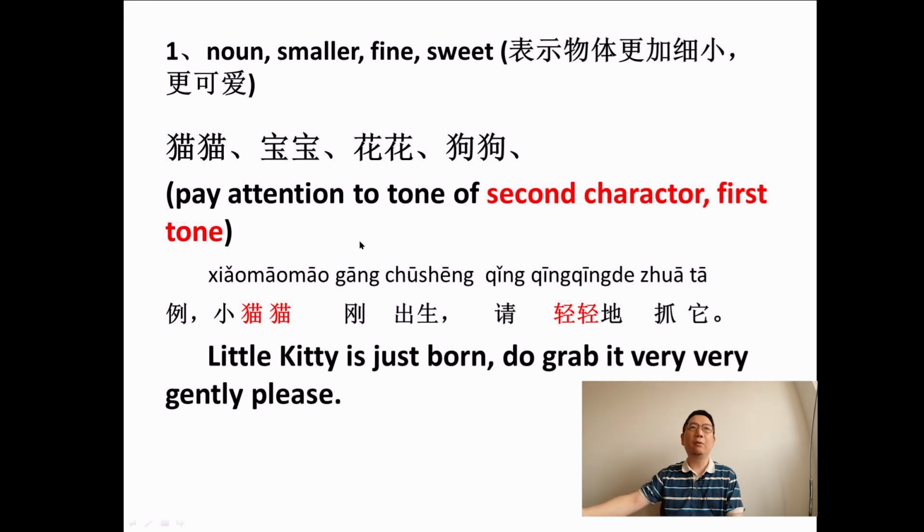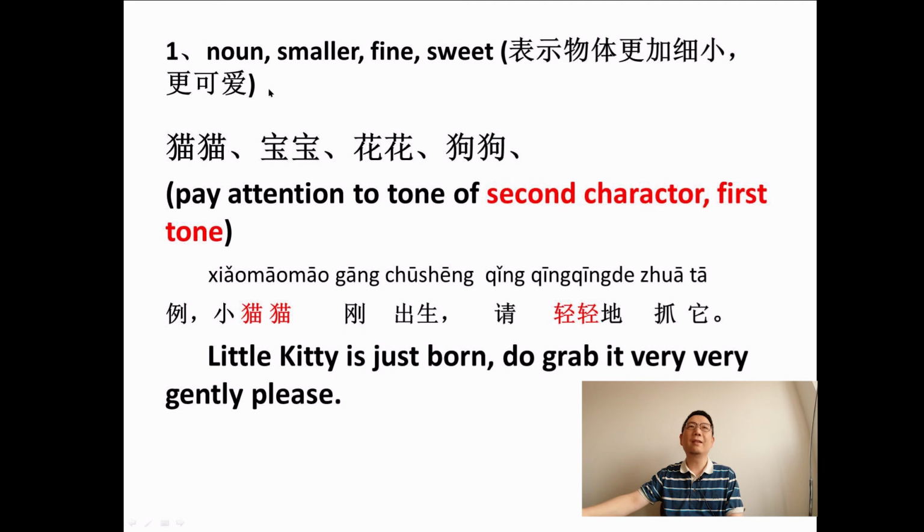And here we need to pay attention to the second character, because the second character in 叠词 will always be changed to the first tone. For example, 猫猫, because 猫 is the first tone, the second character is still 猫. But 宝宝, 宝 is the third tone, but the second character should be changed to 包.